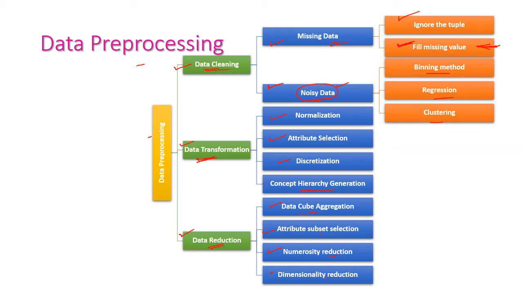These four are the data reduction methodologies. So these are the data pre-processing methodologies. In data pre-processing, the first one is data cleaning, the second one is data transformation and the third one is data reduction.